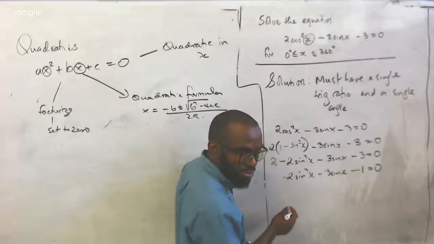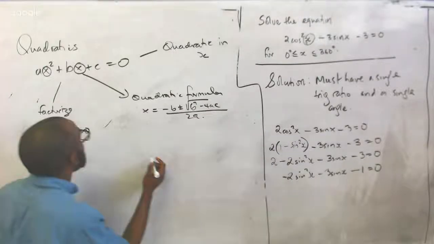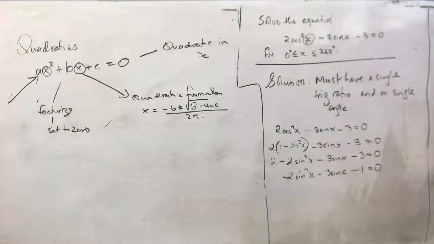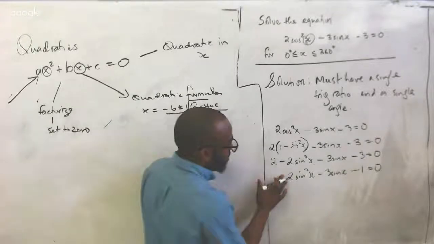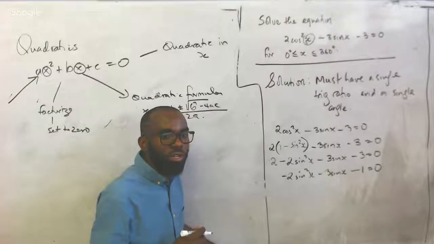I'm going to show you. Sine of x. But another thing is that when I write a quadratic equation, or any polynomial, which is adding powers of x or powers of something, I want the term with the highest power to have a positive coefficient all the time. So because this term with the square has a negative coefficient, I will do one of two things.